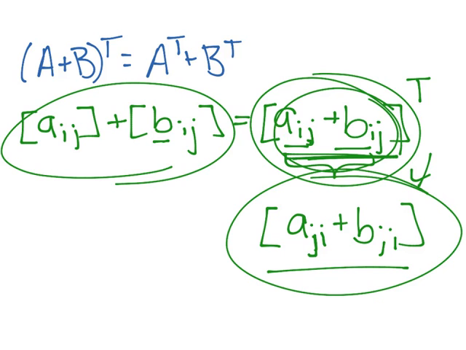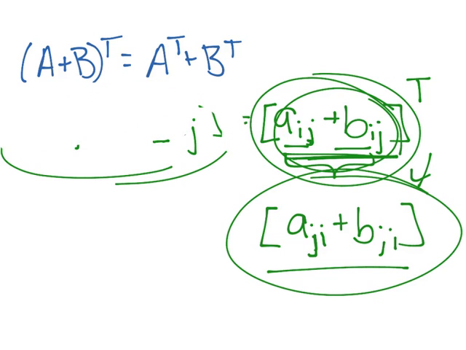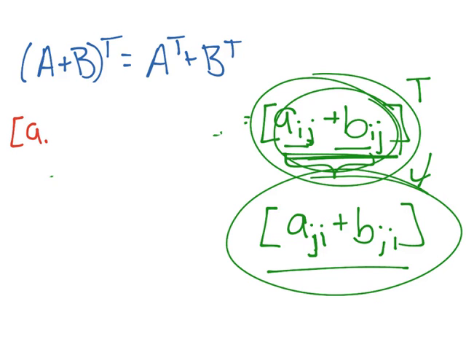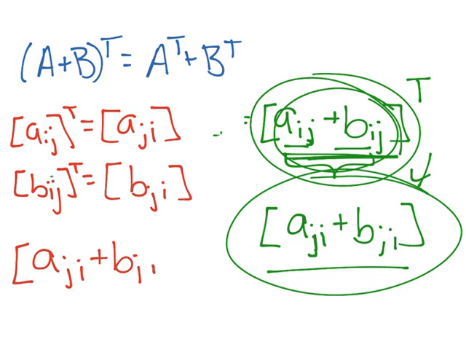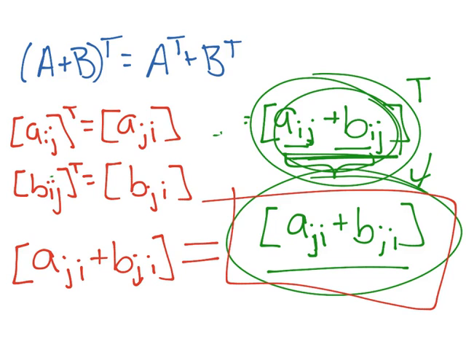And now if we were to do it differently and do it like in the right hand side, we would take the transpose of A first, and so that's equal to AJI, and then the transpose of B, which is equal to BJI, and then we would add these two, and by adding these two we get AJI plus BJI, which is equal to what we got before, so that holds.